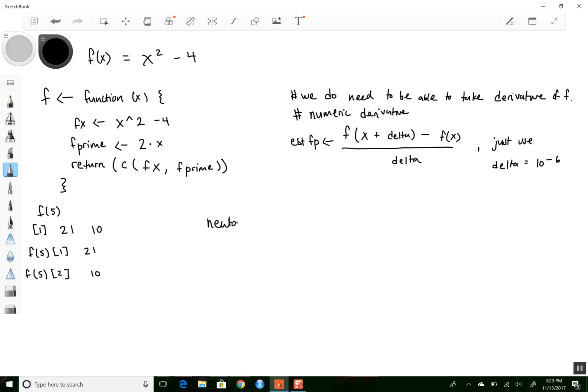Newton-Raphson will be a function of f that returns both the function f and f prime. We start off with an x0, and then we'll need a tolerance, maybe equal to 1e to the minus 6. Then x old will be x0.